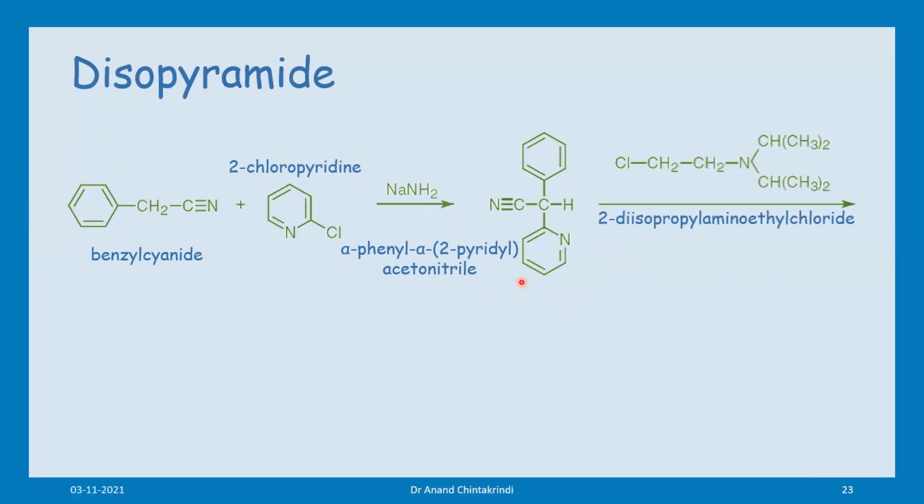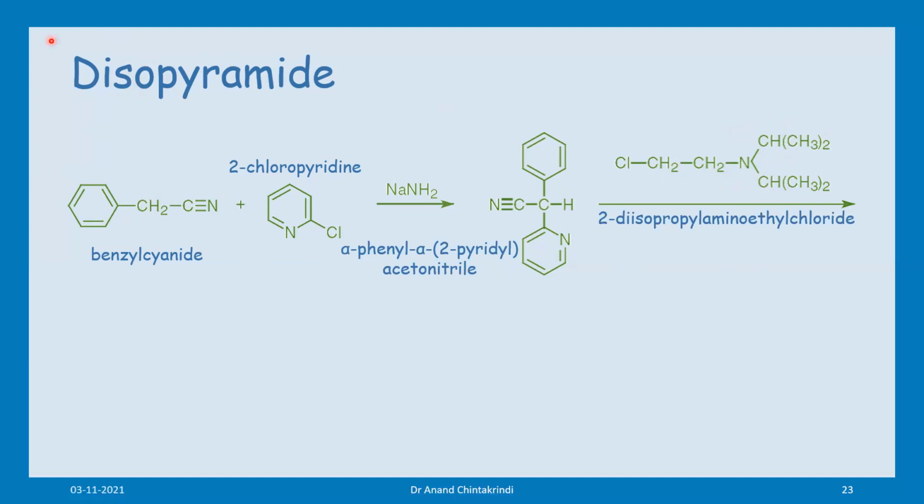This, when you react with 2-diisopropylaminoethyl chloride. Okay, so this is ethyl chloride. At the second position, you are having an amine, which is further substituted with the isopropyl groups.